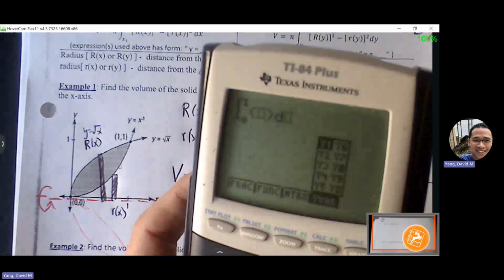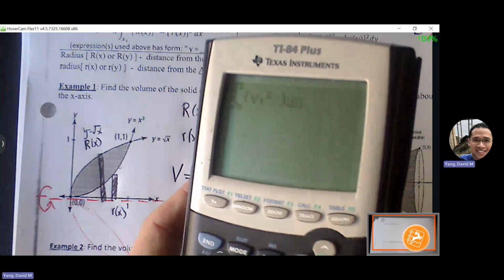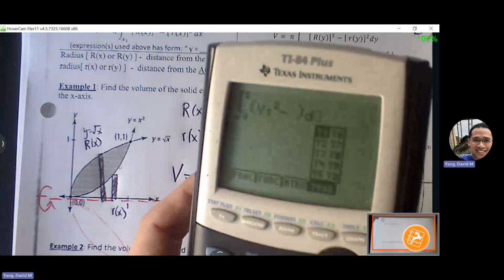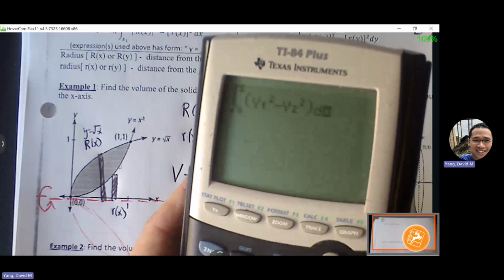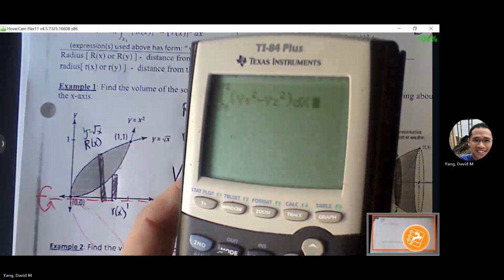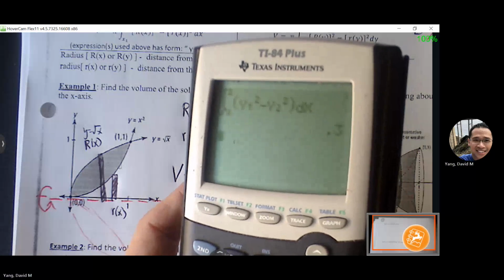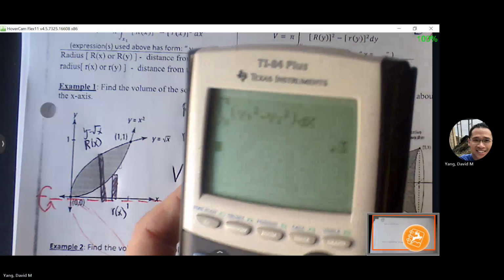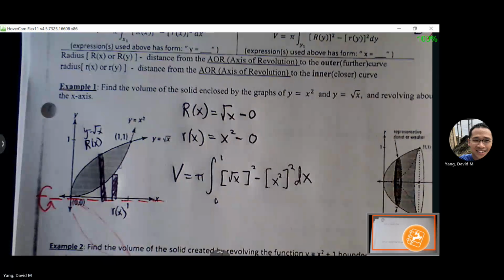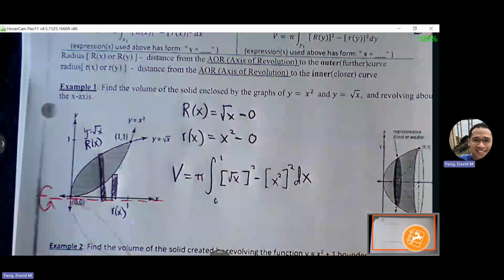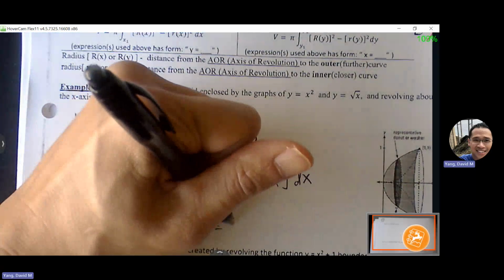Alpha trace y1, I'm going to square y1 minus alpha trace y2, square that. Make sure again that you're squaring your radii separately. 0.3 is the same thing as 3 over 10. Make sure we leave pi out of the calculator and just attach it on our own.